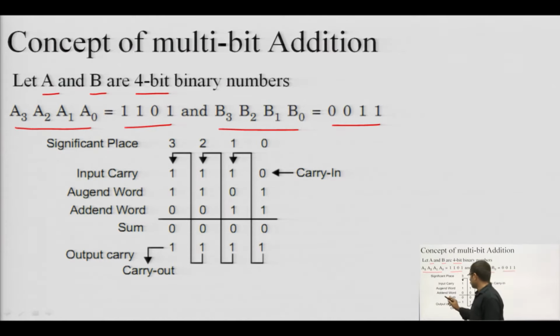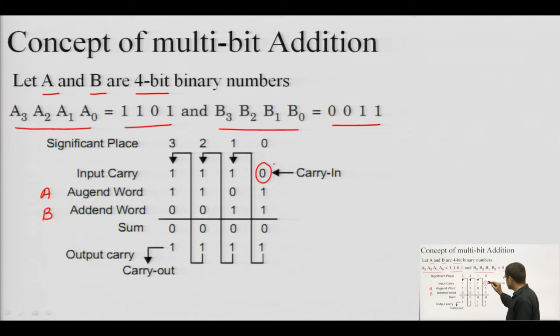Okay. So, now we can see that while adding, initially there will be no carry, that is why an extra 0 has been included. So, initial carry is equal to 0.